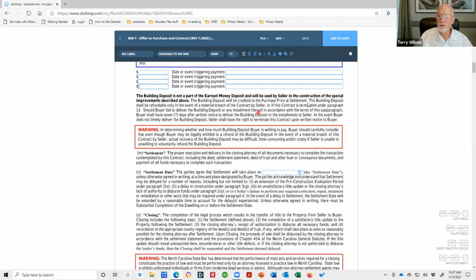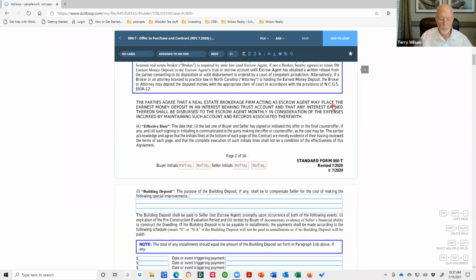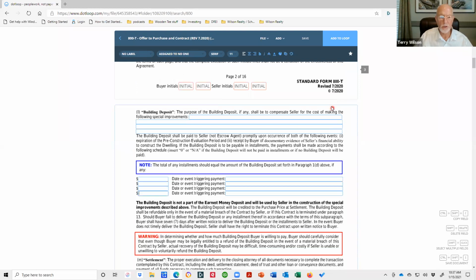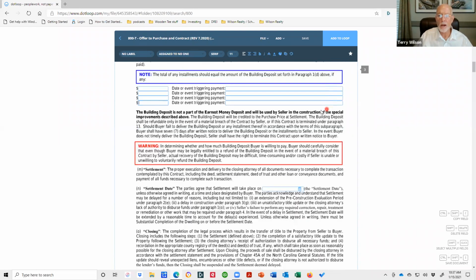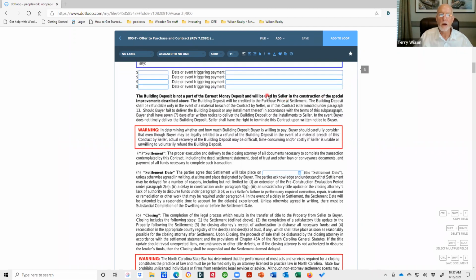Or if this contract is terminated under paragraph 13, what paragraph are we in? I think we haven't come to it yet. Or the buyer terminates during the pre-construction due diligence period.